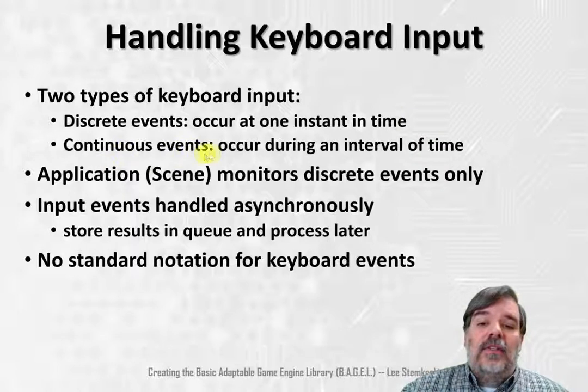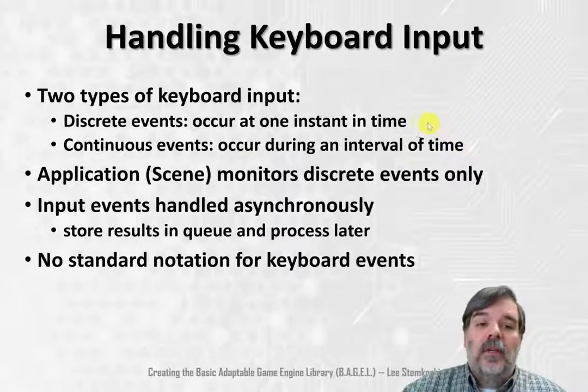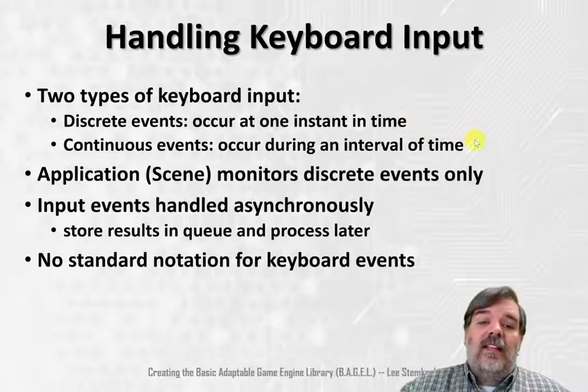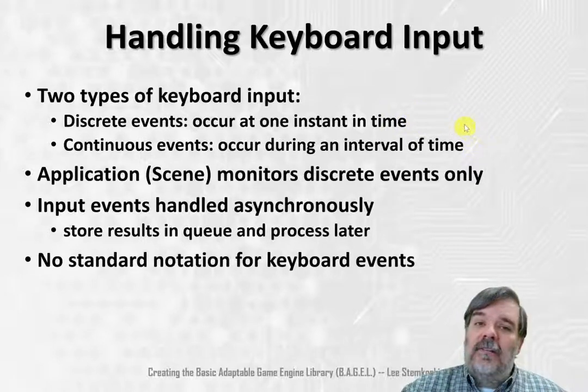A continuous event would be something like walking or running that occurs during an interval of time. So for a discrete event, that usually happens the moment you press a key. And a continuous event, that usually happens as long as you're holding down a key. So there are these two qualitatively different kinds of input that we need to be able to deal with.